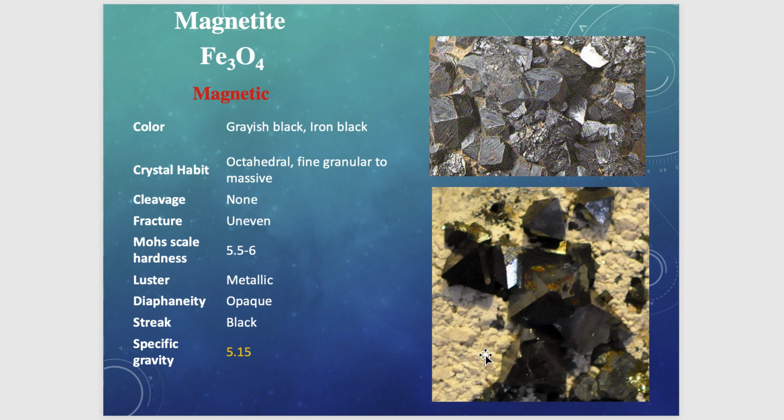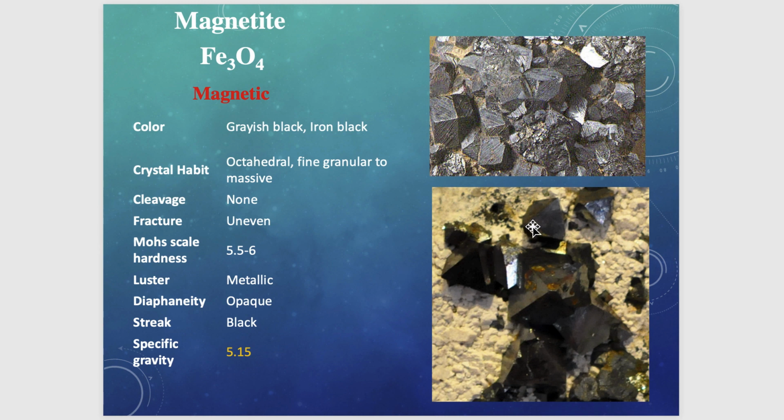You have two images here for different compositions. The more iron it has in its structure, as it can incorporate other things like titanium, for example, the more it will tend to have this metallic luster. This other example is rather more vitreous, and this is a consequence of the amount of iron in the structure.